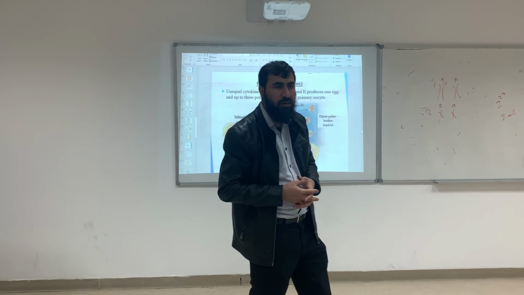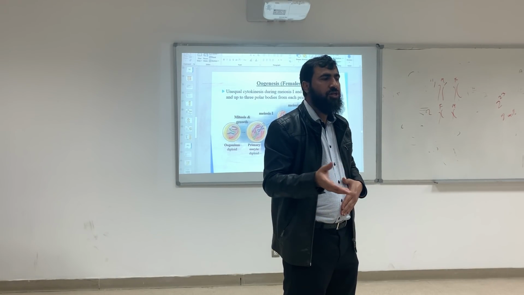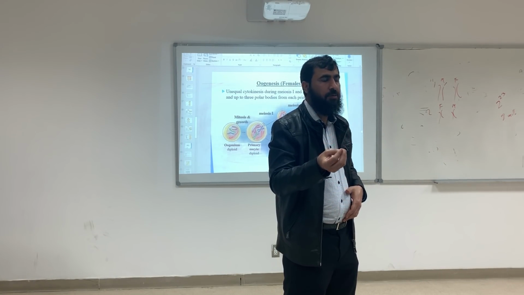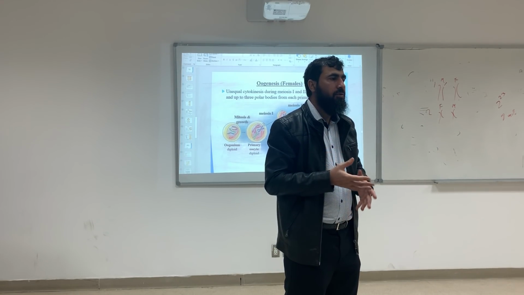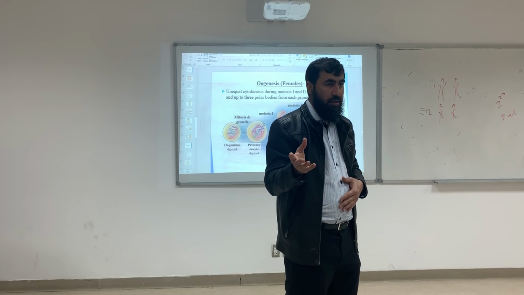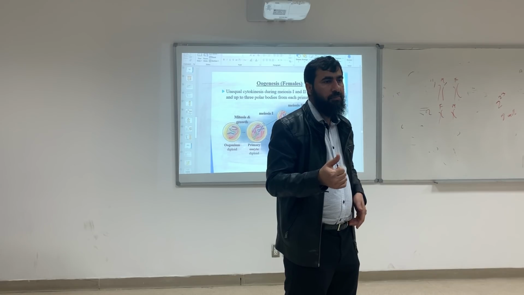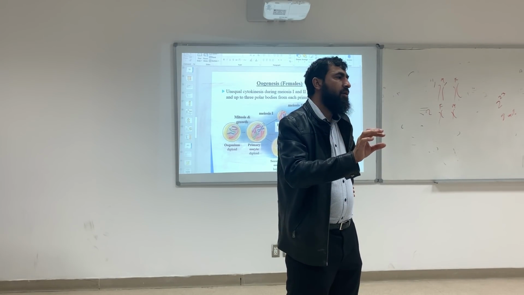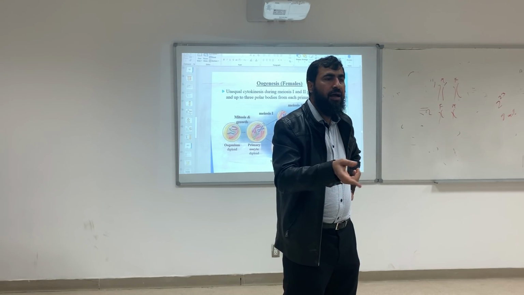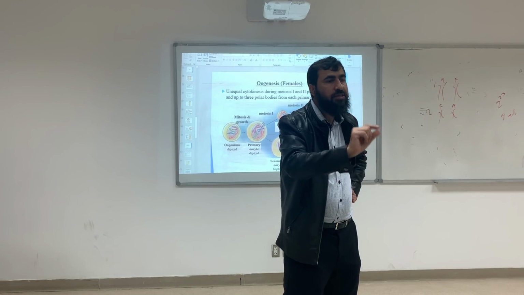When does ovulation appear? Every month, ovulation is the process of the release of the egg, the secondary oocyte. It depends on the hormones, the estrogen and progesterone in the female. After the period, when the female has the period, the next cycle begins.